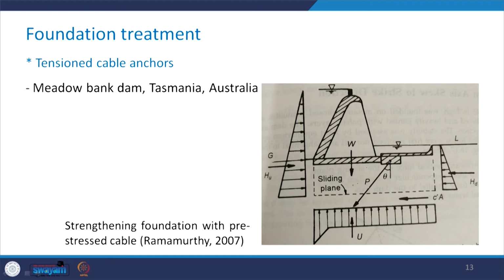You can see here that this is the anchor, and there is a tension which is going to be mobilized, and this has been used in the case of Meadowbank Dam in Tasmania, Australia. So these are some of the foundation treatment measures that I am trying to discuss with you. We are not going into the detailed design methodology of these, but this is for your information on how the foundation can be treated in order to overcome the foundation related problems that we discussed just now.